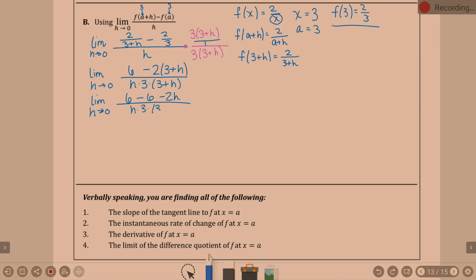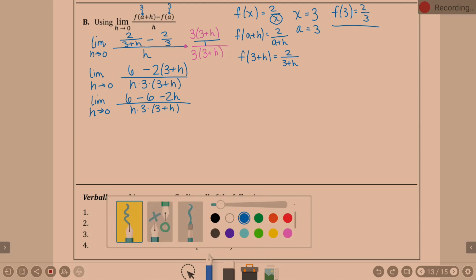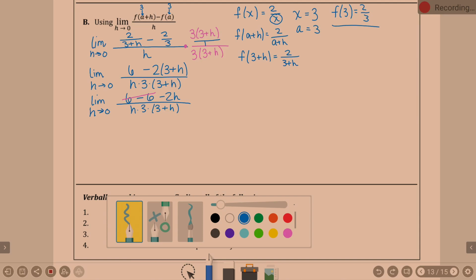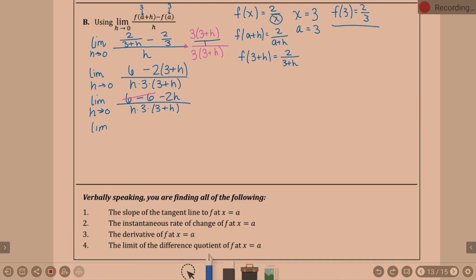What happens on top? 6 minus 6 cancels. I have the limit as H approaches 0 of negative 2H over H times 3 plus H. Notice what cancels, because now I'm willing to cancel.